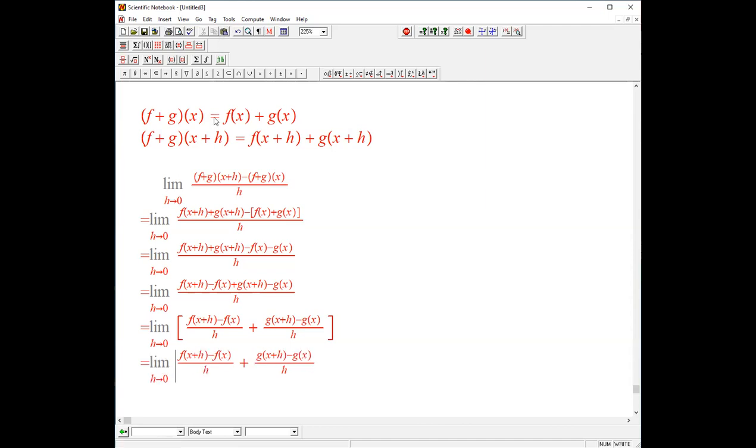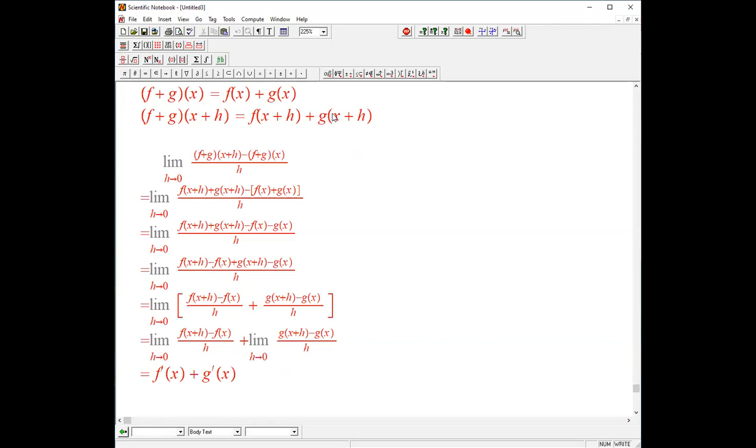You can see as you go through these steps, each step has its reason. And the first limit, of course, gives us the derivative of f of x, and the second one is g prime, the derivative of g at x.